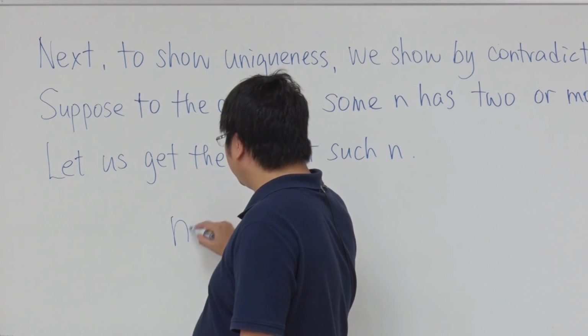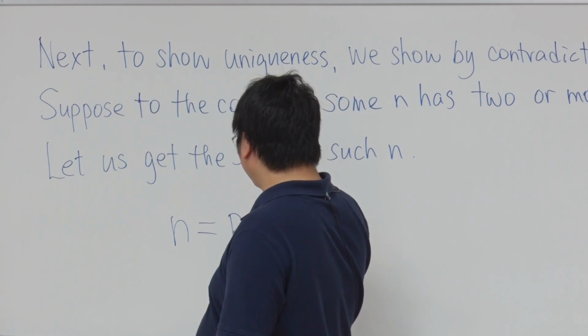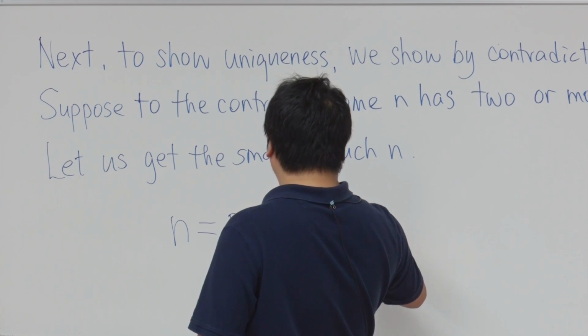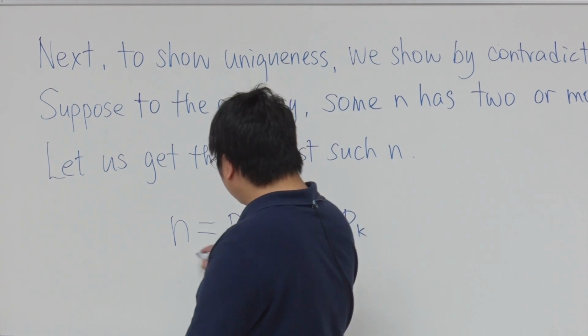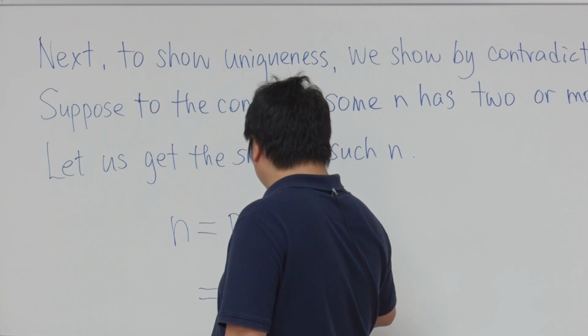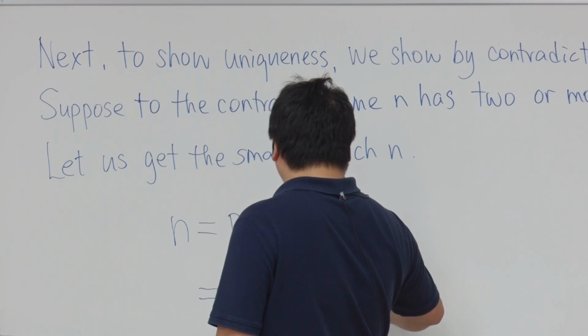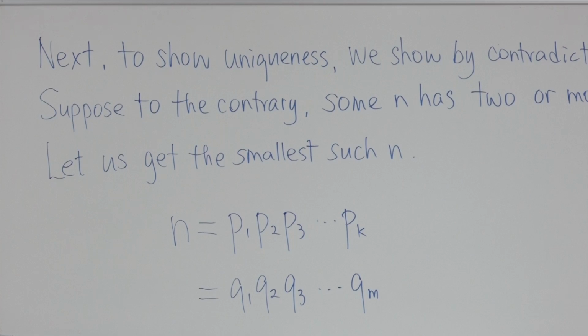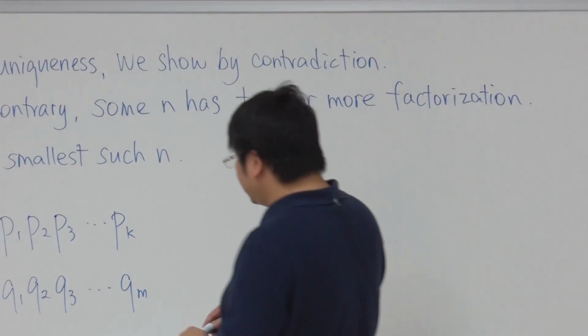So n can be written as some prime factorization p1, p2, p3, up to pk. And n can also be written as some q1, q2, q3, up to qm. So there are two different factorizations, but all of these numbers are primes.